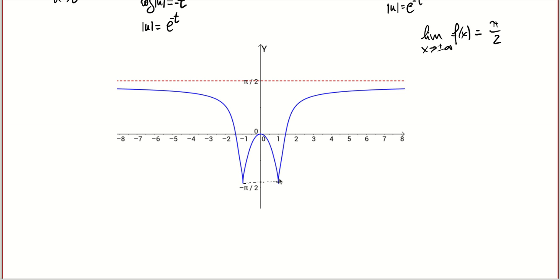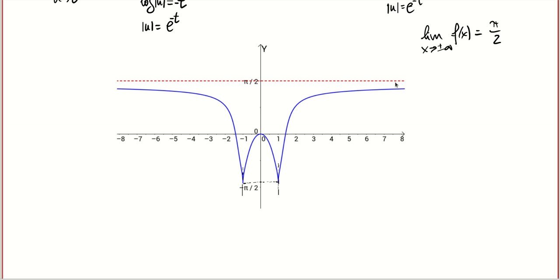So the function approaches this value with a vertical tangent, as we have analyzed here, with a vertical tangent, right? And then, as we have seen, just focusing on the positive side, this function decreases first, then increases, right? So it must have this behavior, okay?